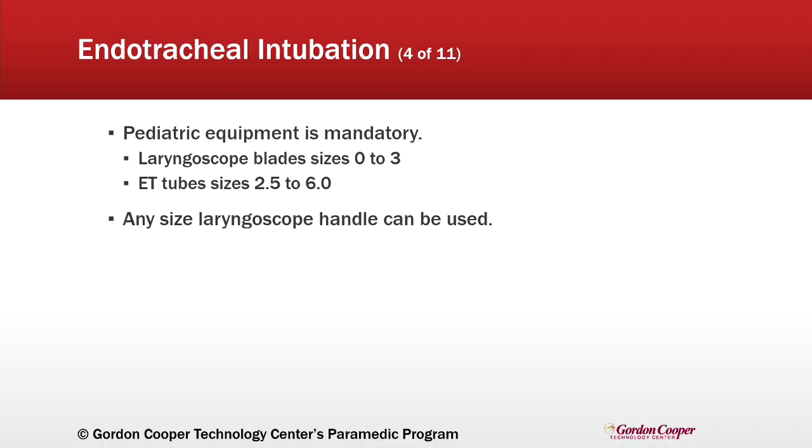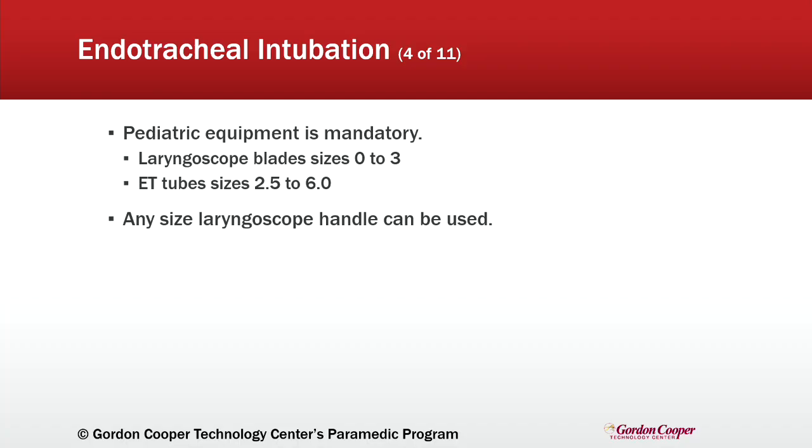The correct tube size is usually chosen based on the child's age. Using that Broselow tape is a good way to do it. Any size laryngoscope handle can be used, so you don't have to have the little small pediatric one. You can use an adult one. It just all kind of depends on preference and best fit for you.